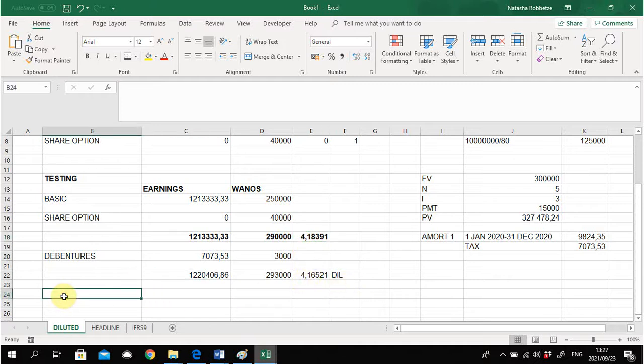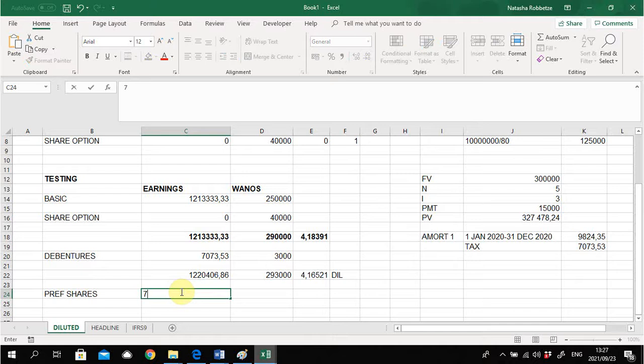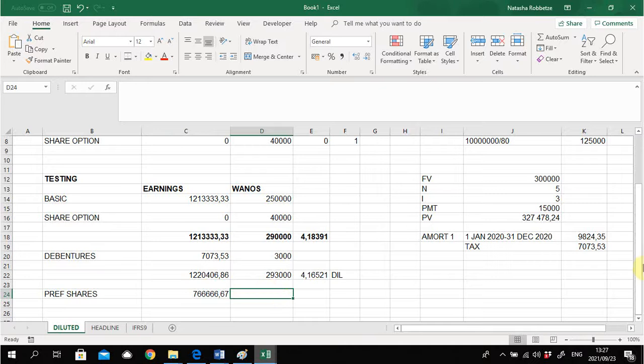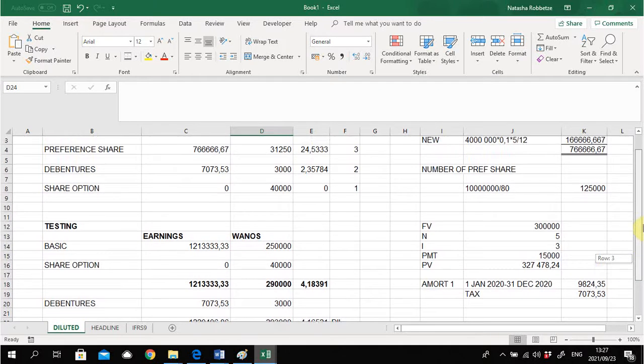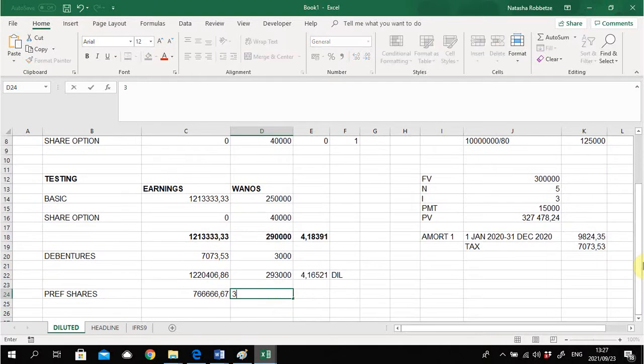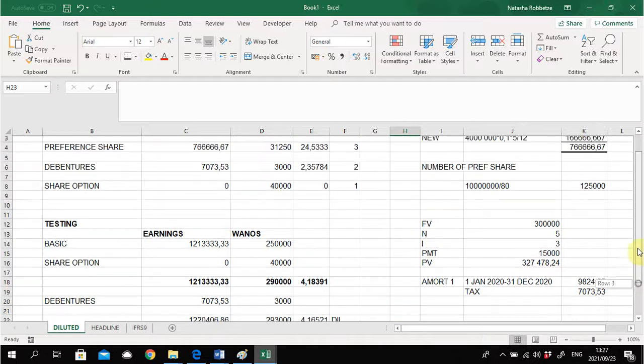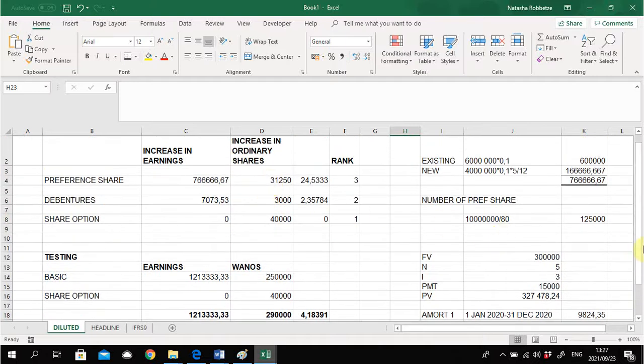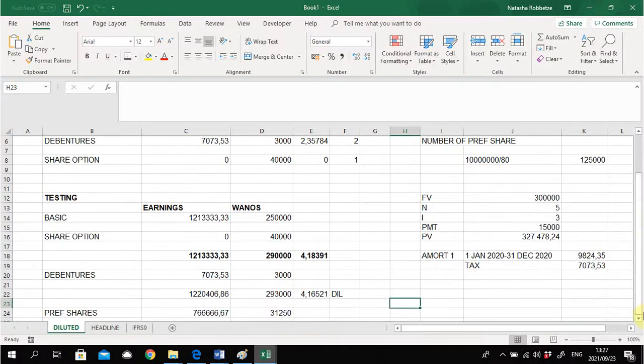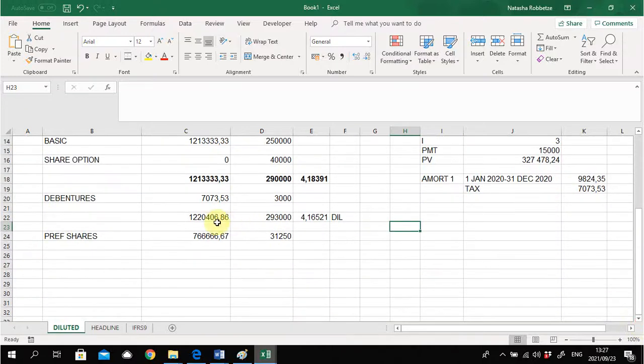Then we have the last one, which was the preference shares. I believe the preference dividend was 766,666.67. And then the number of shares that would result there was 31,250, which I am literally just copying from the top. And then I again need a rollover total.